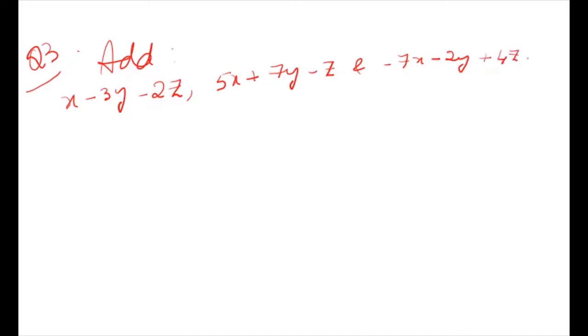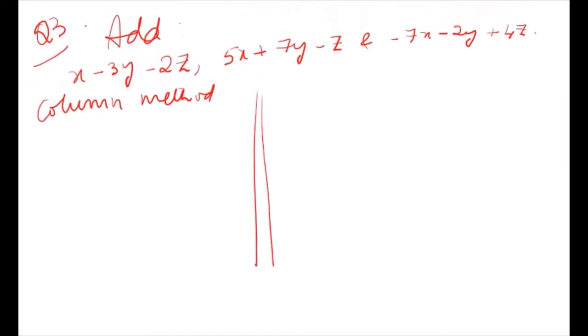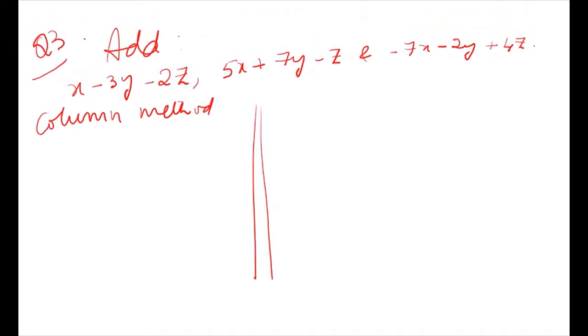So this is the question. So now we will do it first in horizontal method, and then, or maybe first we will do in column method, and then we will go to horizontal method.